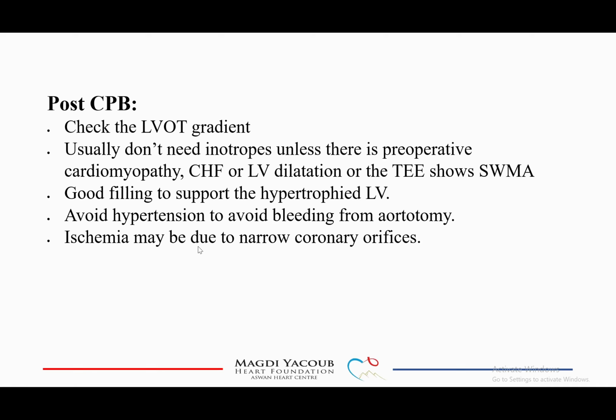Support the hypertrophied LV. Avoid hypertension to avoid bleeding from the aortotomy. Ischemia may be due to narrow coronary orifices. So these cases are generally managed as an ischemic patient and an aortic stenosis patient. Check LVOT gradient and LV function.